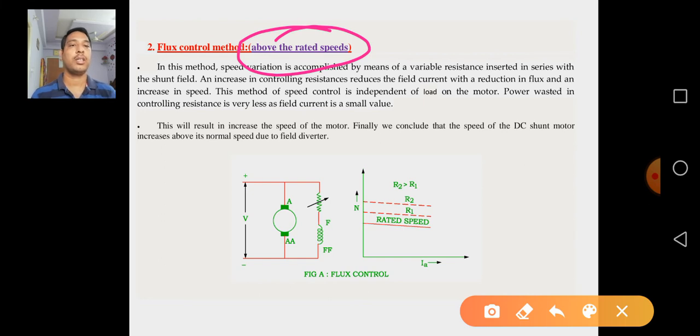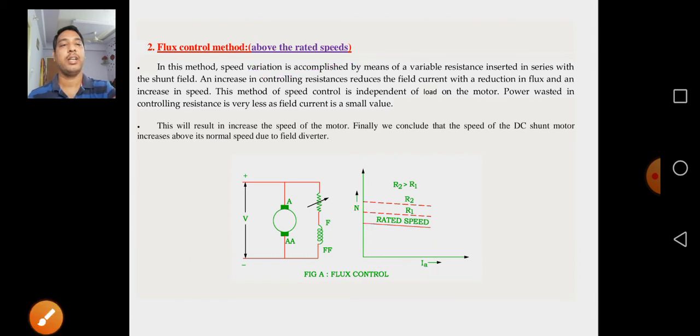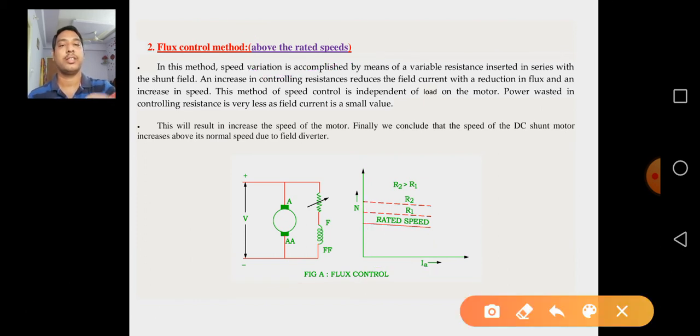So if you draw the curve of N versus I_a, we are going to get the curve above the rated speeds.